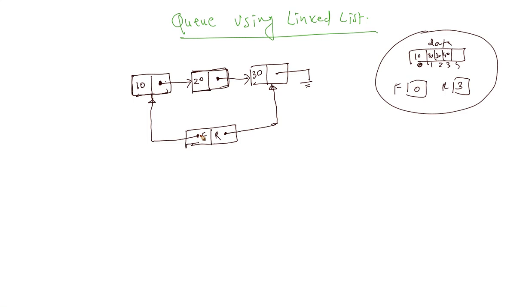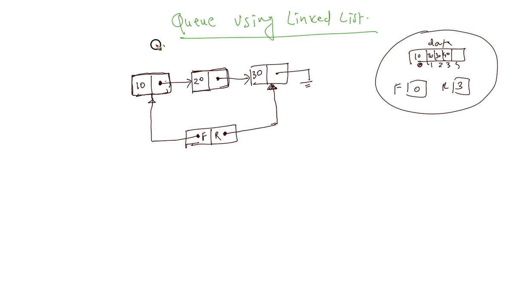But here this F and R are not integer variables. They are actual pointers, which are pointing to the nodes of the linked list. F will point to the oldest node by time of insertion, or the node which has come in first, and R will point to the node which has come in or been inserted last.